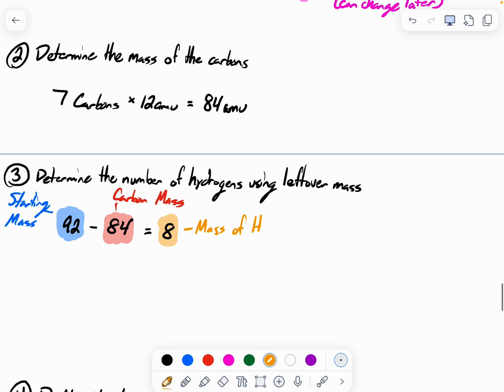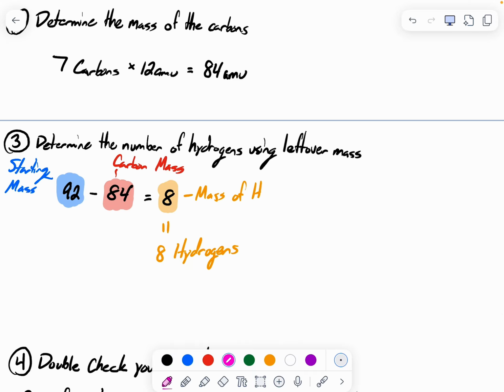These 8 mass units are the same thing as 8 hydrogens. So from that given mass, we have estimated an appropriate number of carbons and hydrogens, which gives us an approximate molecular formula: 7 carbons and 8 hydrogens, C7H8. That's what we're going to roll with.